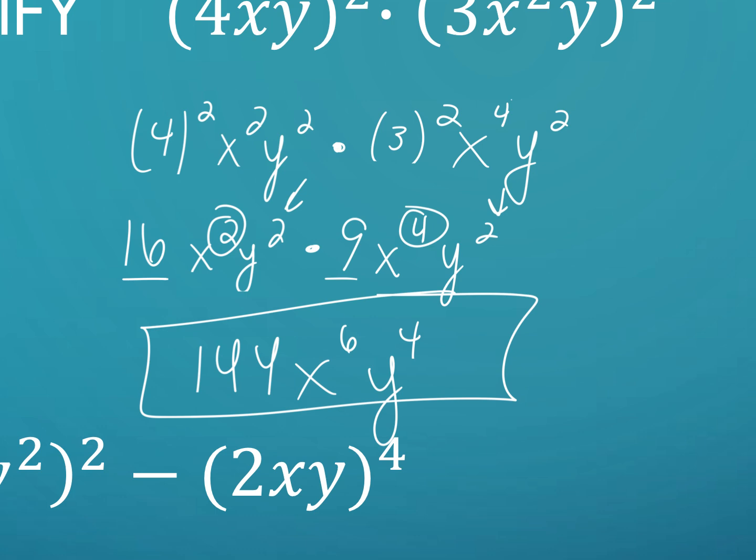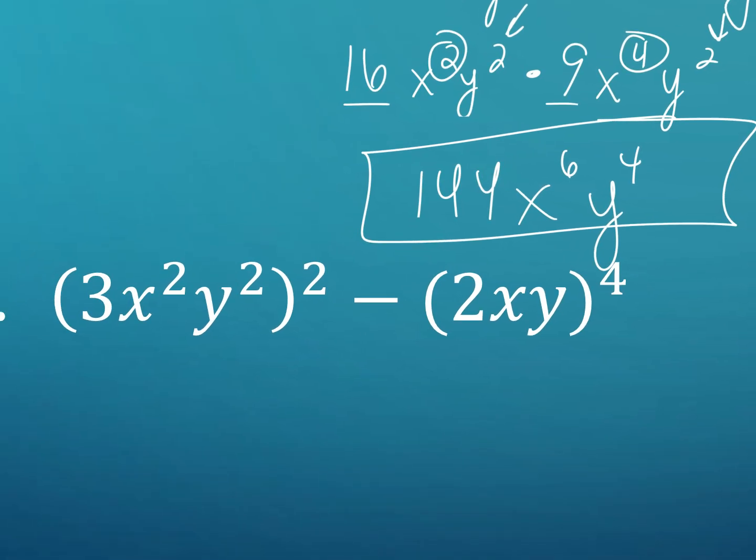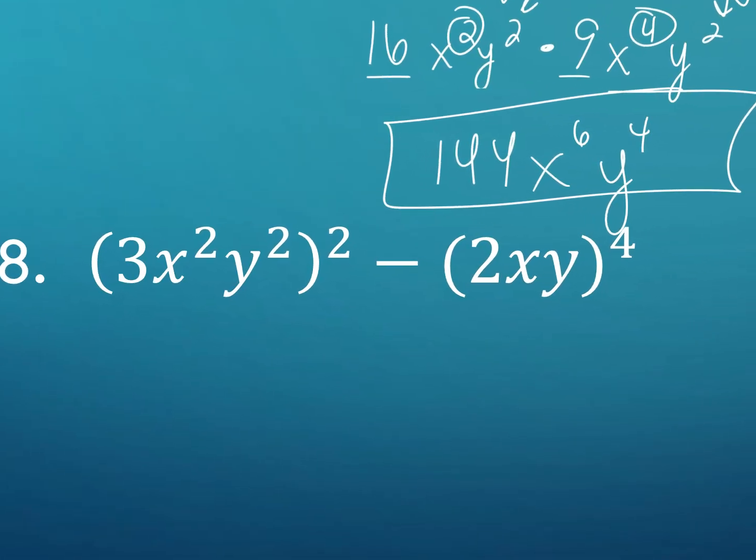Yes, ma'am? I thought that if they had the same exponent, like y squared times y squared, it stays the same, if you're adding and subtracting. Oh, okay. In this case down here, we are subtracting these two. We are not multiplying them. So again, we're going to distribute the exponent to everything in both cases.